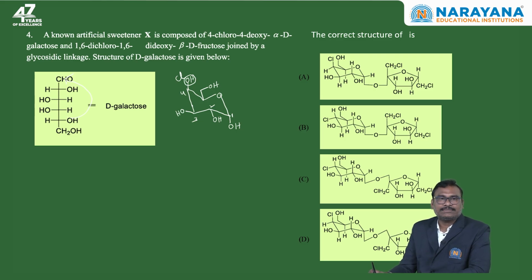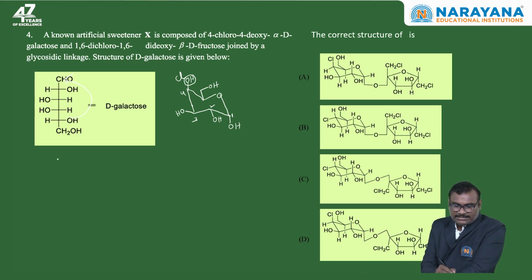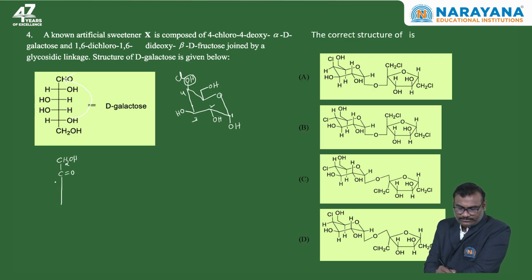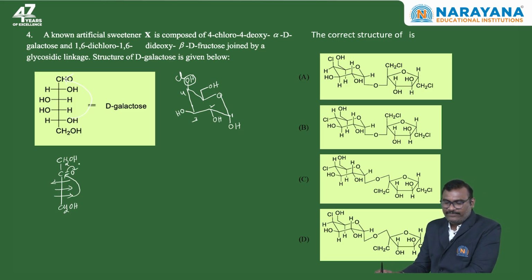Now, he is asking about 1,6-dichloro-1,6-dideoxy beta D-fructose. What is the general structure of fructose? The open chain structure is this. Now, it is going to attack and give beta D-fructose.